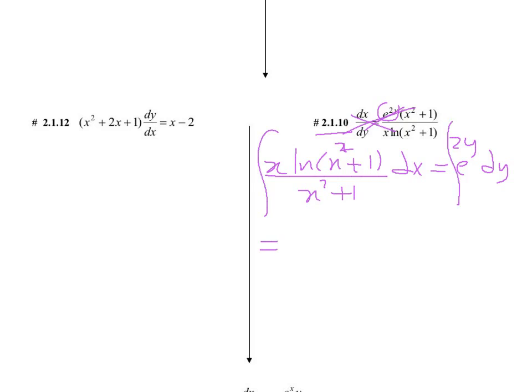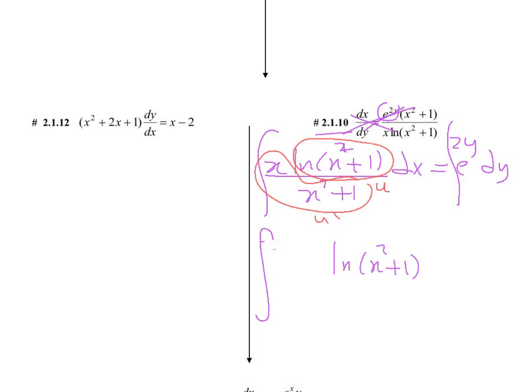Integration of this, if you think about it, this is like u, and this one is u prime. So actually you can rewrite this way. This is ln x squared plus 1, times x, dx, and integration of this, it's easy, e to y, so plus c.